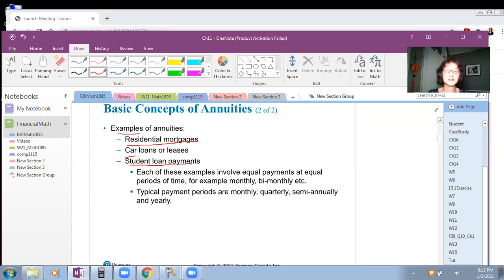Student loan payments: 6 months after your graduation, you make the payment for your student loan, usually every month. So those are examples of annuities.